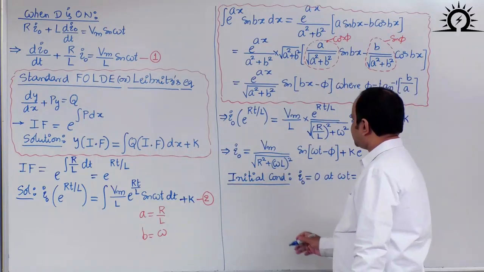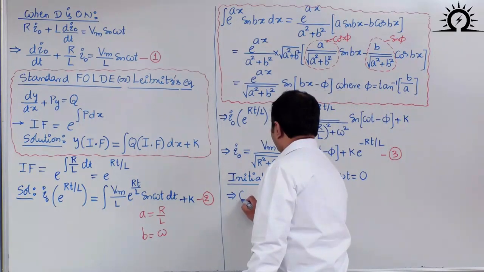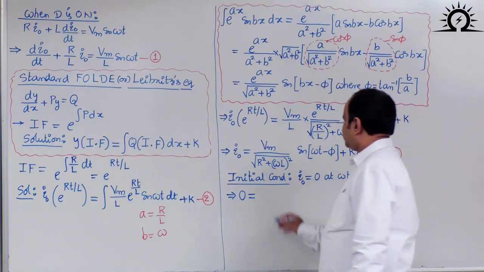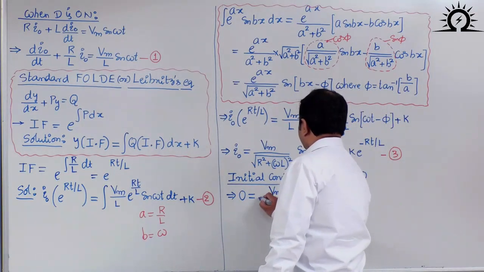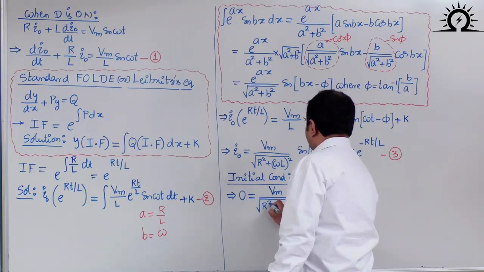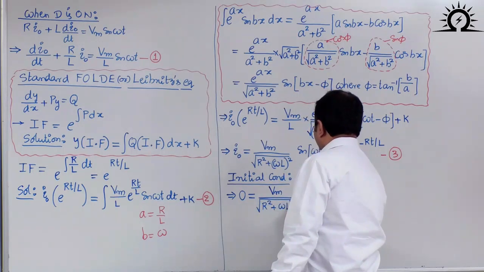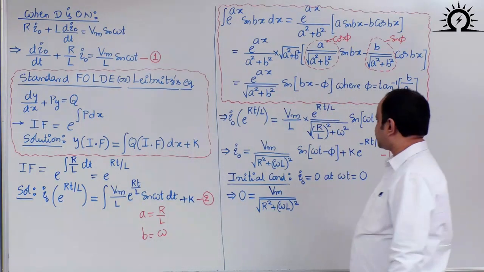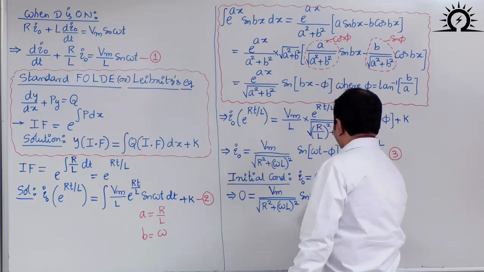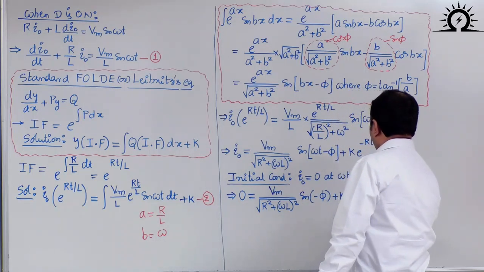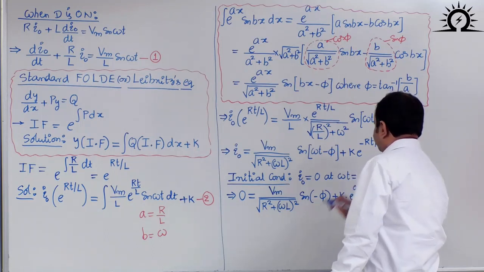Therefore, if you substitute this initial condition, we will get left hand side equal to 0, and right hand side will give you Vm divided by root of r square plus omega L whole square multiplied with sin of minus phi plus k into e raised to 0.